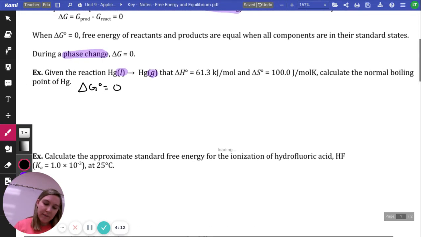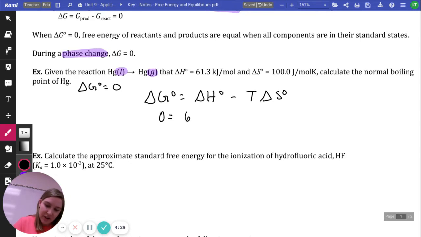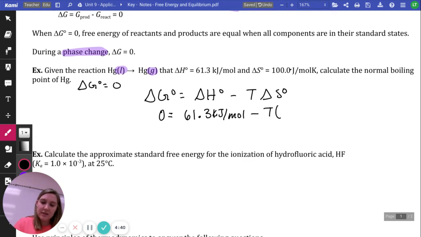So we can use our equation: delta G is equal to delta H minus temperature times our entropy. We can plug it in. When it's 0, that's when we have this phase change going on. We have our delta H at 61.3 kilojoules per mole, minus, we don't know what our temperature is going to be, so I'm just going to plug it in as a T, times our delta S. Now remember, delta S is in joules here, but in order for this to work, we need it in kilojoules.